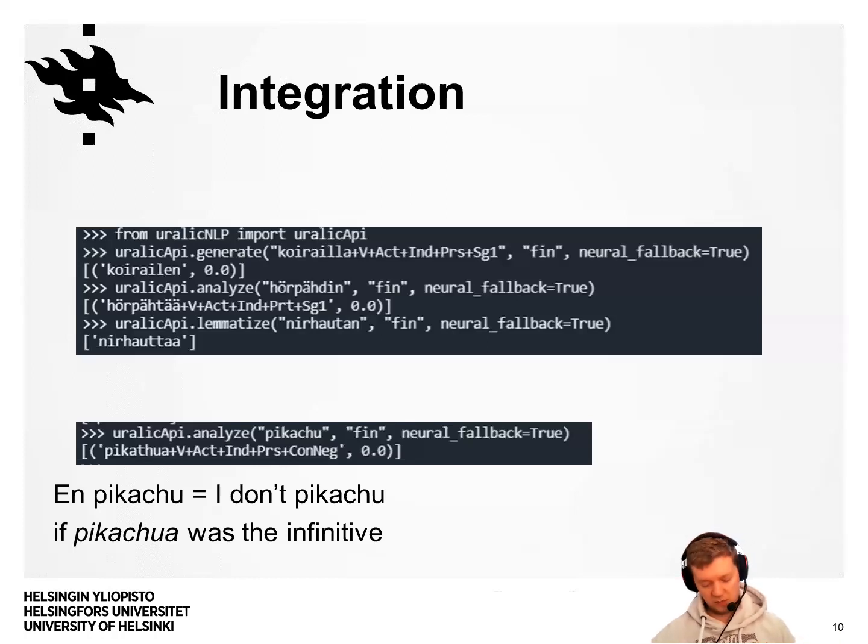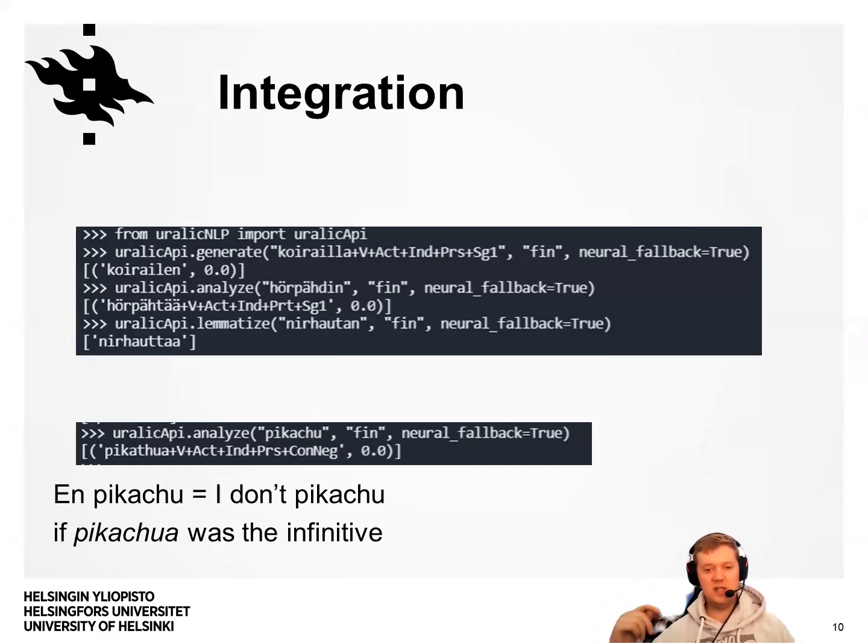As I said, we wanted this to be very practical. So now I have integrated all our models into Uralic NLP, and this is how you can call them. You just say neural fallback equals true, and then you get to use the neural model. That's how it works: it first tries to use the FST, and if the FST doesn't work, it uses the neural model.